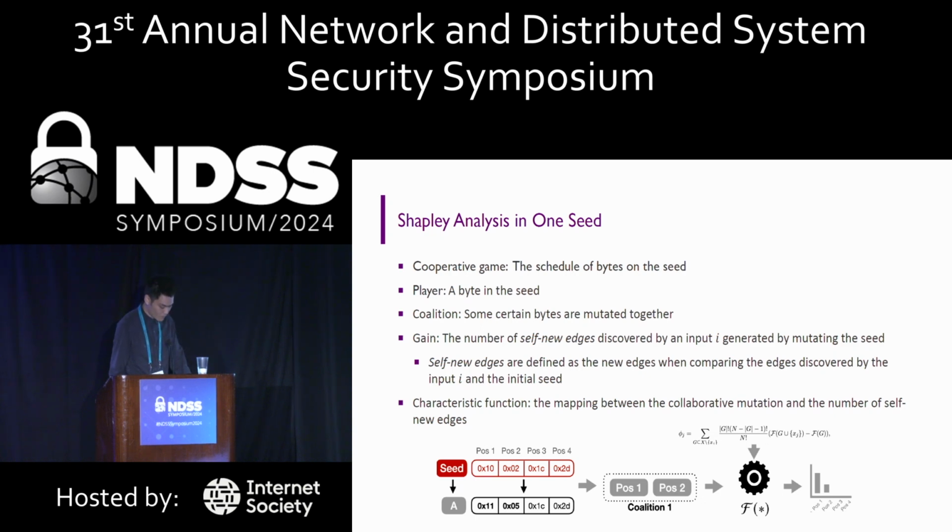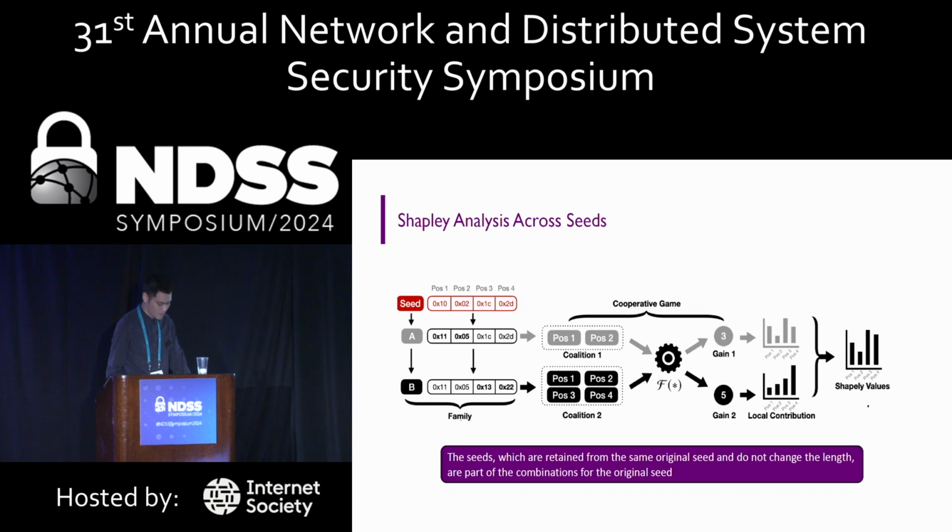With the formulation of a byte mutation, we can calculate the Shapley value for each byte in a seed. It's also important to reduce the cost of the Shapley value computation. So we found that multiple seeds can be treated as one seed from the perspective of Shapley analysis.